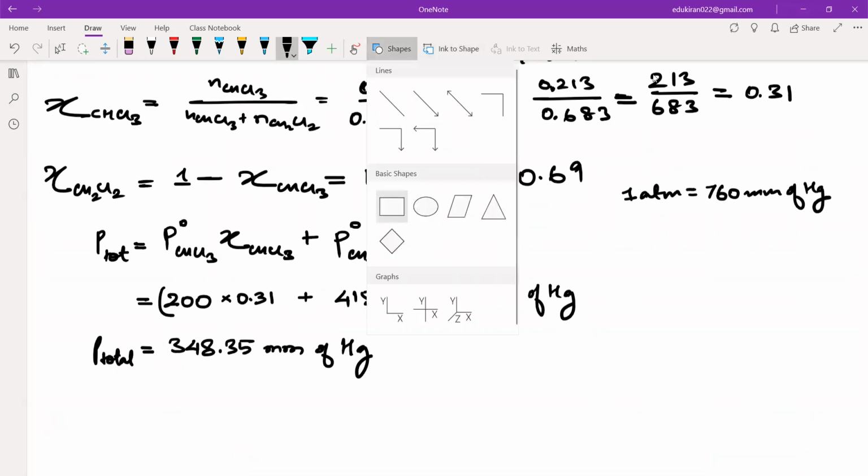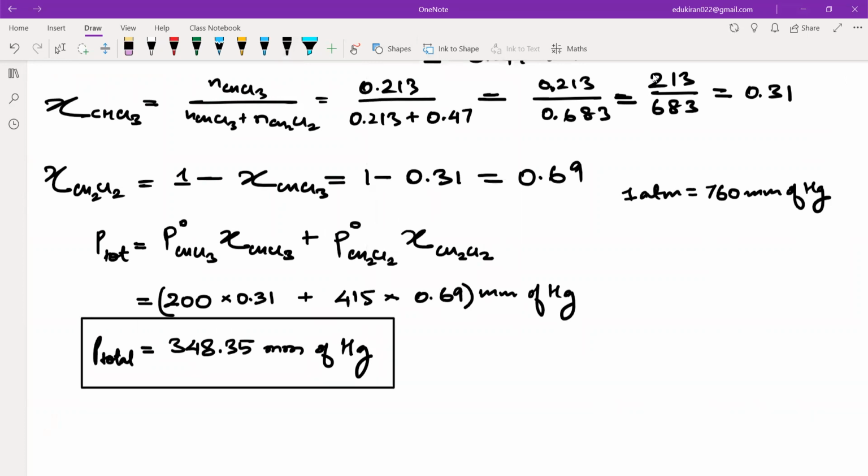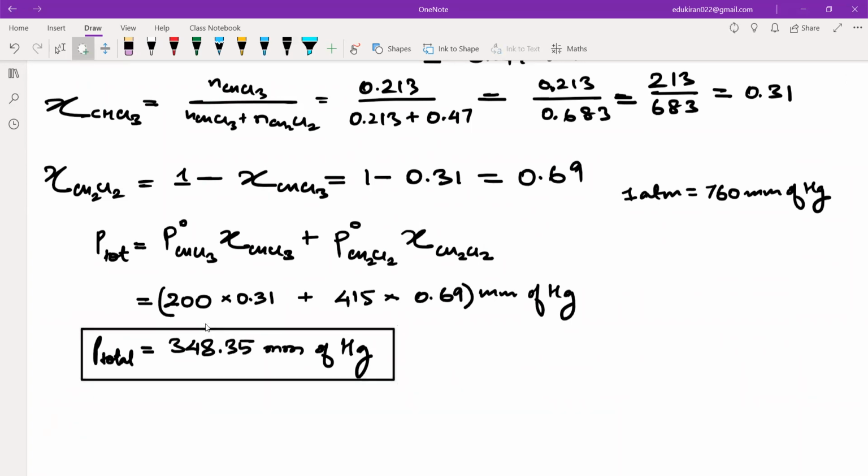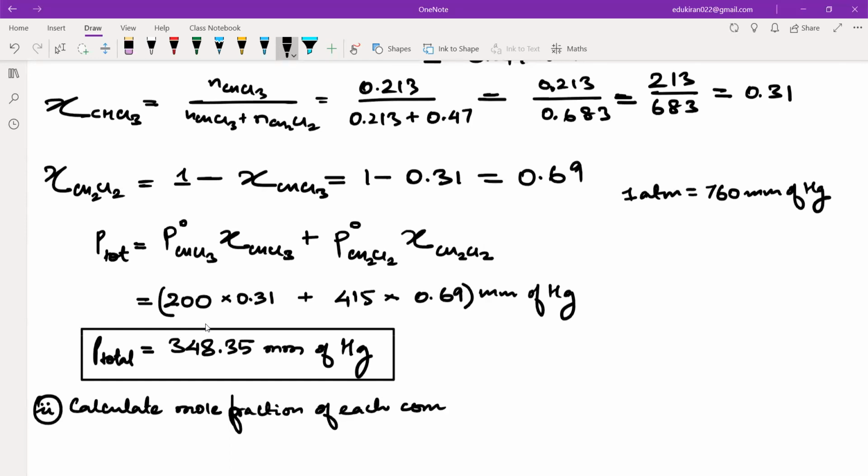Okay, now we have got the answer for the first question, P total. What is the second question? The second question is to calculate the mole fraction of each component in the vapor phase.